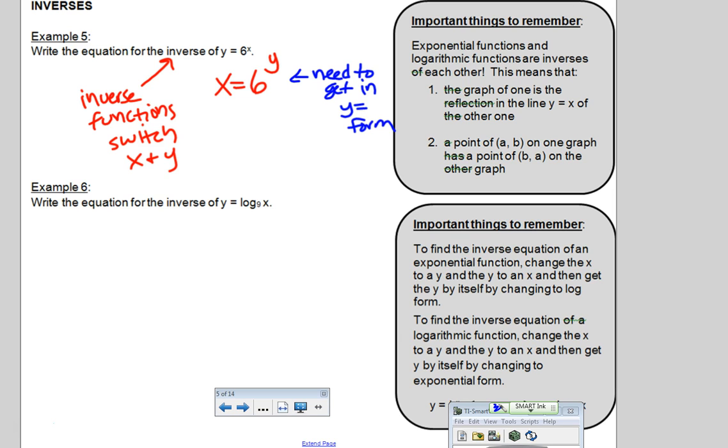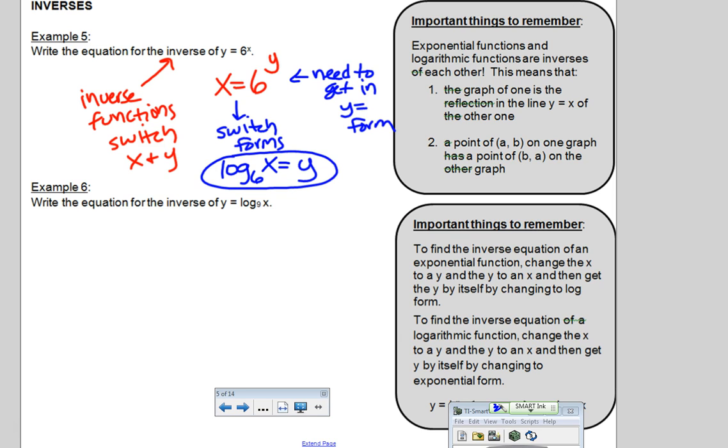I need to bring this y down. And in order to bring a y down, it's going to involve switching forms. So I'll start off with the log. Log, the base is 6, the outcome is x, equals the exponent y. And then there's your answer.